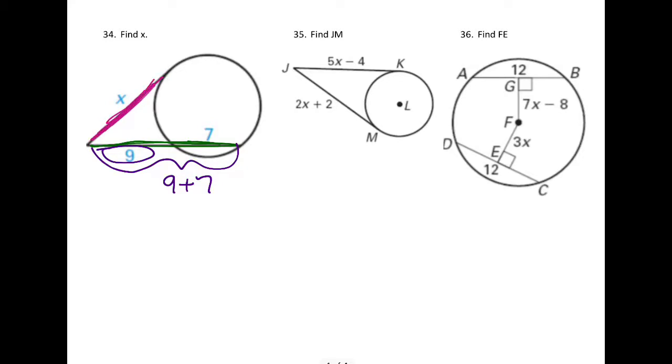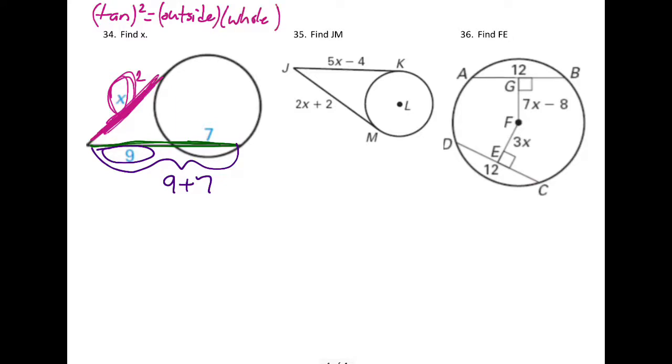This doesn't go inside. That's a tangent piece. So anytime it's a tangent piece, you don't do outside times whole, because it doesn't go inside the circle. So any tangent piece, you square it. So this relationship is that you do your tangent piece squared and then your outside times your whole for the secant piece.